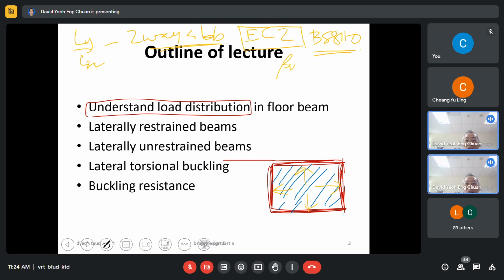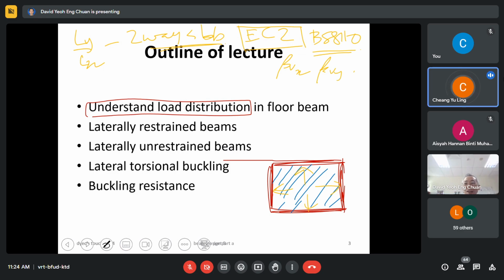It is table 3.14 and 3.15. For bending moment it is 3.14, and table 3.15 is the one for the shear. So this is the table. Everybody needs to know and recall this table and how to use it.